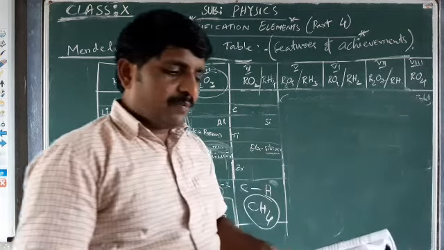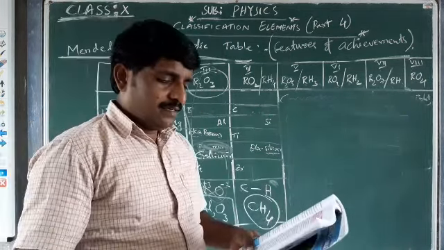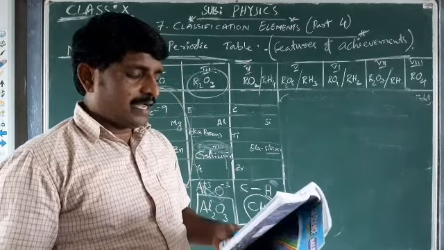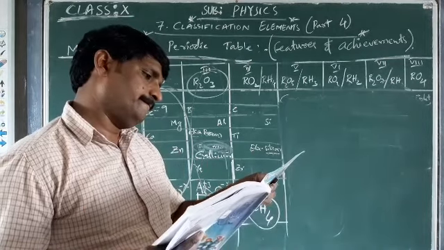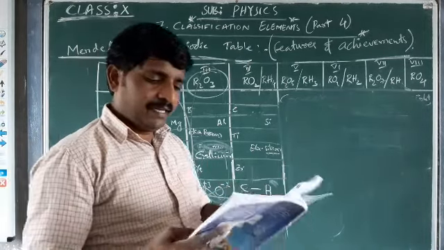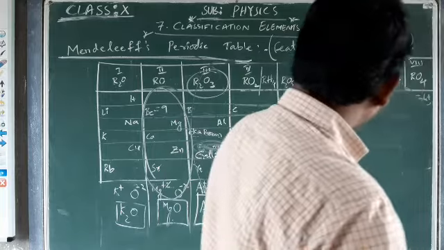See, there are some anomalous series like tellurium and iodine. Tellurium and iodine have been found here.